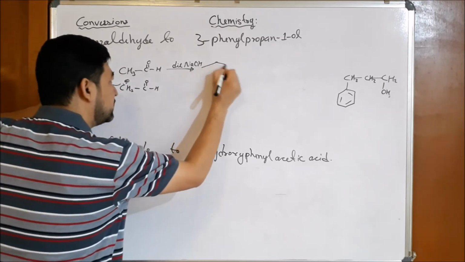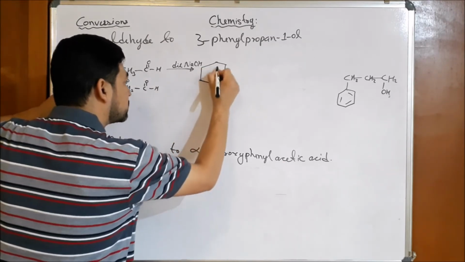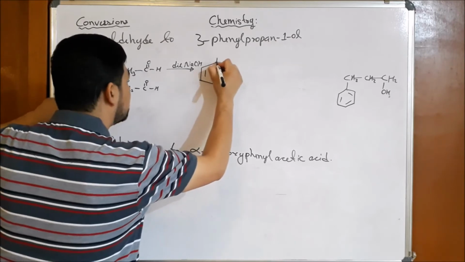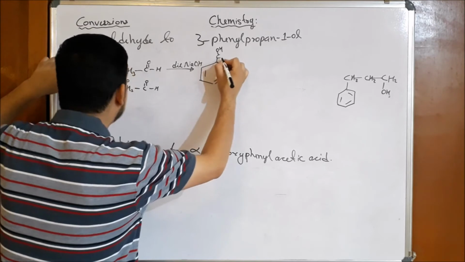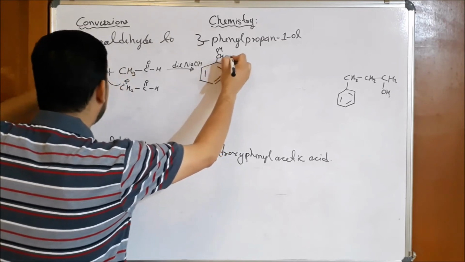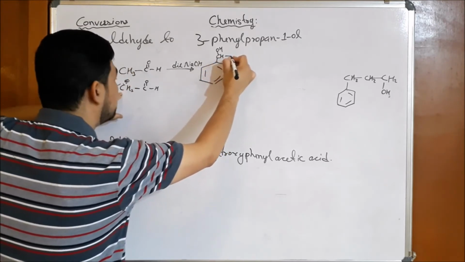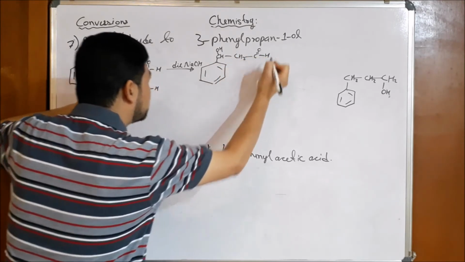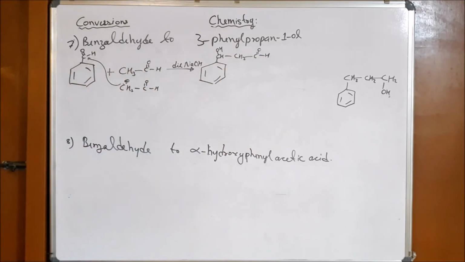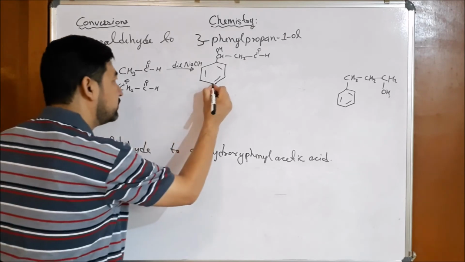That is the benzene ring, C, this becomes OH, H is already there, and here comes CH2CHO. Fine. The next step is we have to heat.